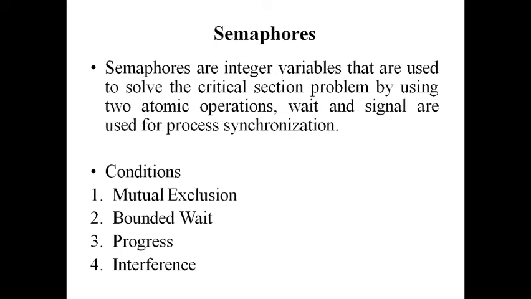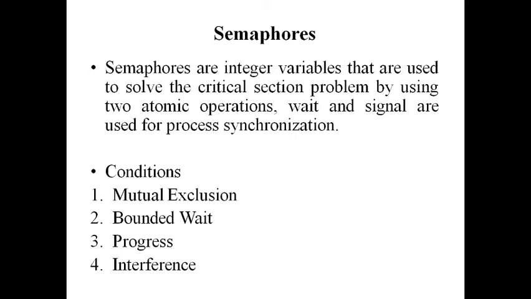The second condition is bounded wait. Bounded wait means once a process enters the critical section, let us say process 1 has entered, after entering it has to come out, because other processes are waiting outside to enter.